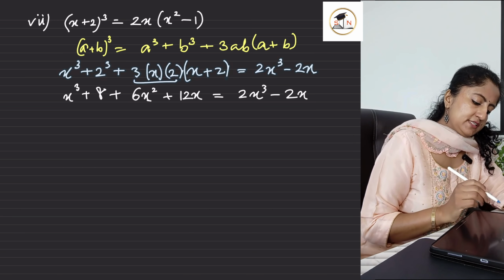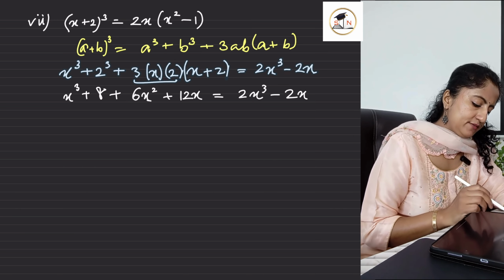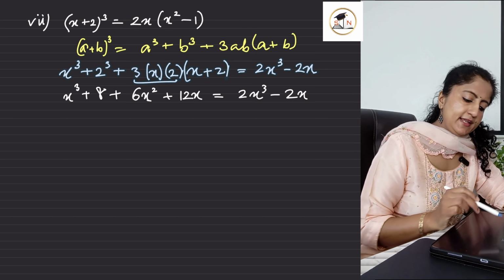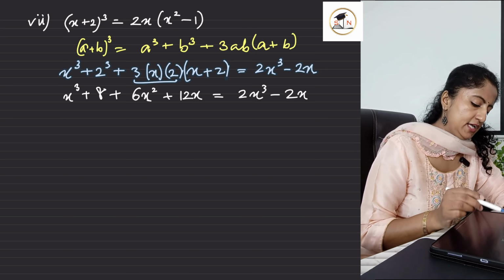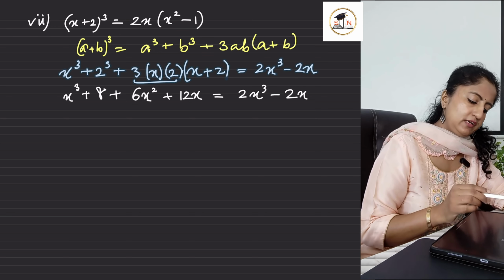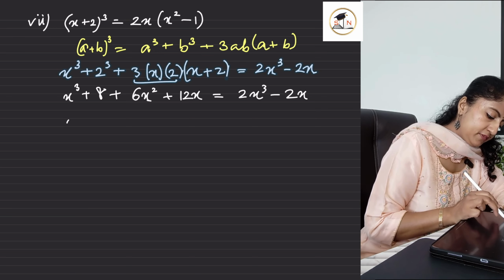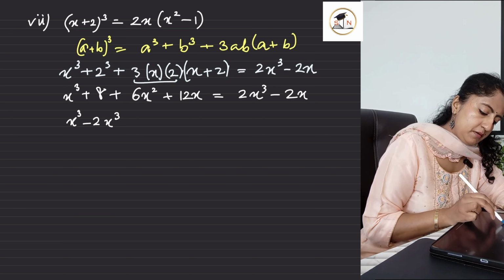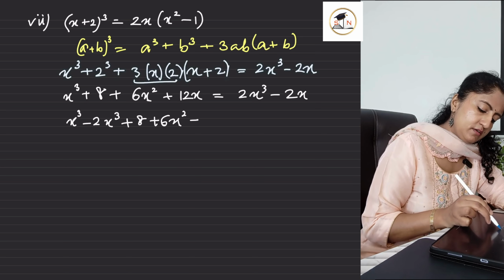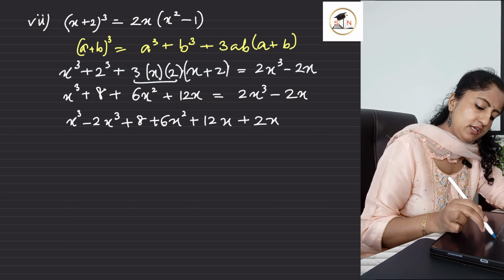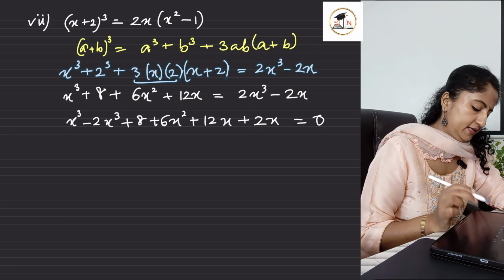So now we will simplify, and what we can see over here, we have x cube on the left and 2x cube on the right. So I will shift everything to the same side. Bringing everything to the left gives me x cube minus 2x cube plus 8 plus 6x square plus 12x plus 2x equals 0, right?